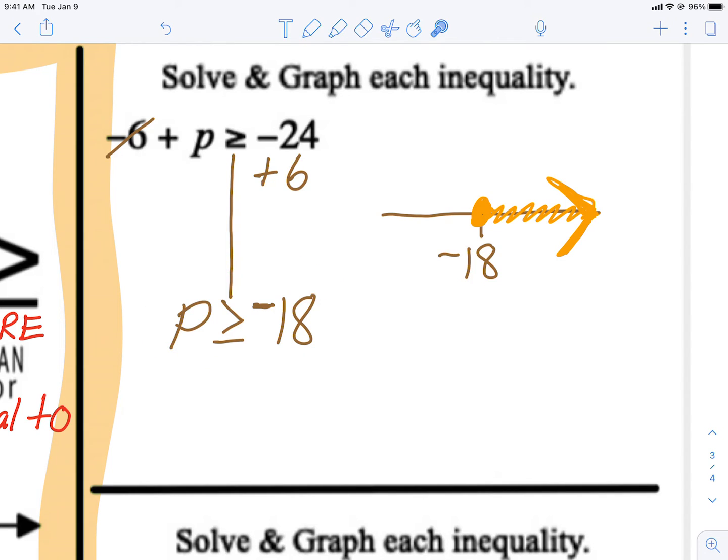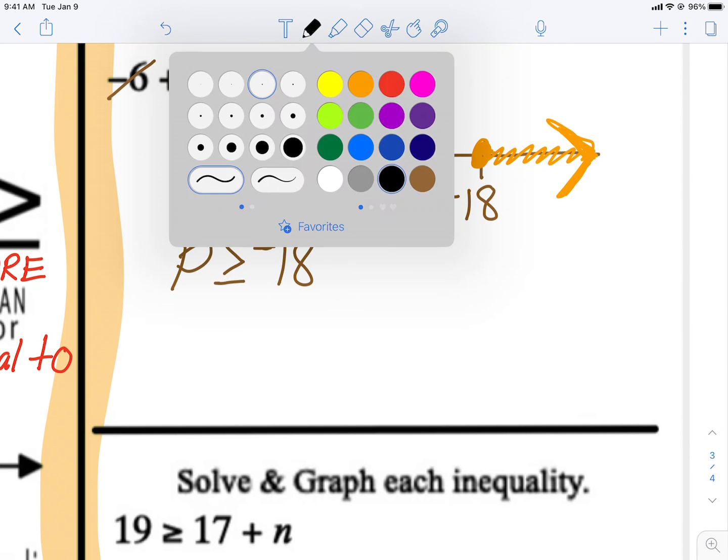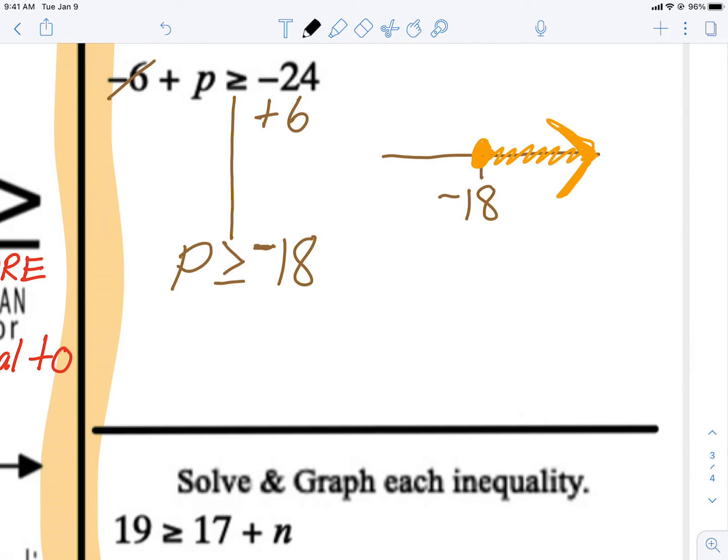So let's try. Think of a number that's bigger than negative 18. The easiest one to pick is 0. 0 is bigger than any negative number in the world, right? So 0 is bigger than negative 18. So if I plug in 0 in here, 0 is greater than or equal to negative 18.